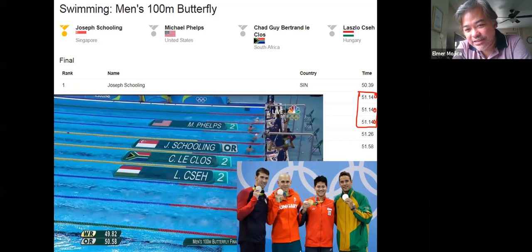So the one that has 1,000ths. And maybe by that time, you can really determine who's the second place, the third place, and the fourth place. Because all of them clock 51.14 seconds. So all of them get a silver medal.